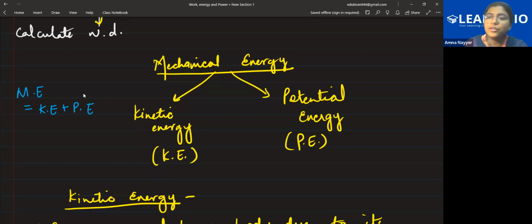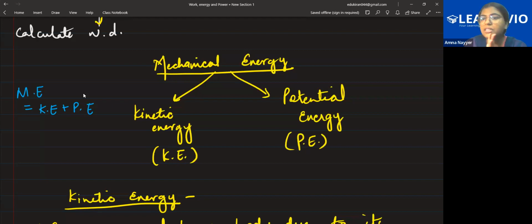Now see, the concept of work done is over, in terms of variable force and constant force. These are over. All right, class. Now, if we are having kinetic energy or potential energy, there also we'll be having the concepts of work done.